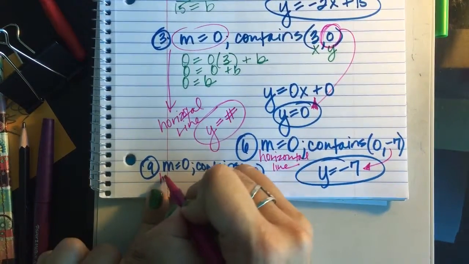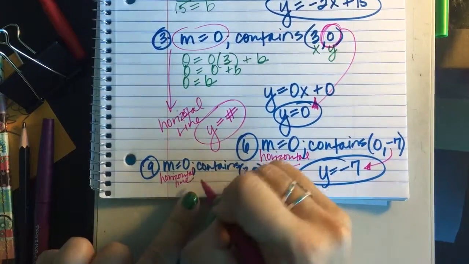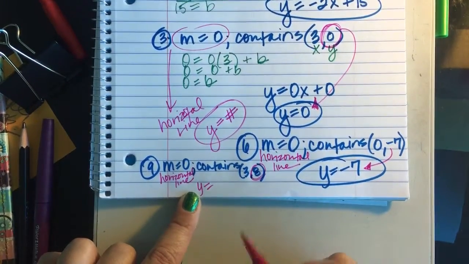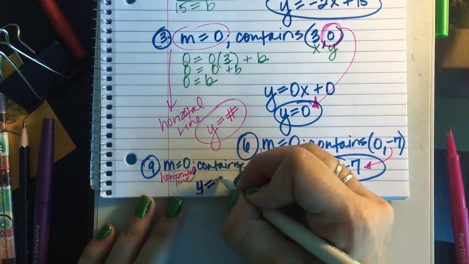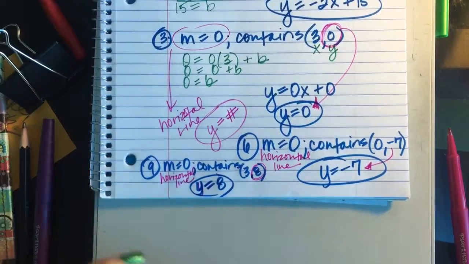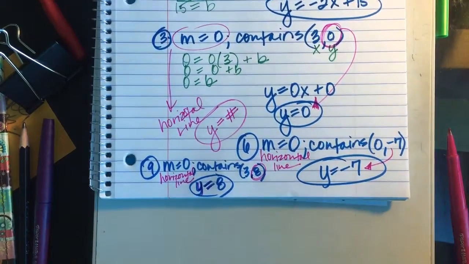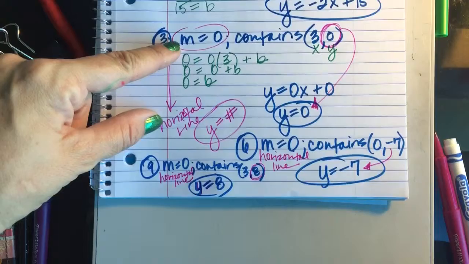So if I know that it's a horizontal line with a slope of 0, that means it's a y equals equation. And you go over here and say, what's that y value? Because it'd be the same for every single point. Horizontal lines go through the same y all the time. I don't want to calculate anything. So y equals, this says your slope is 0, it's horizontal.